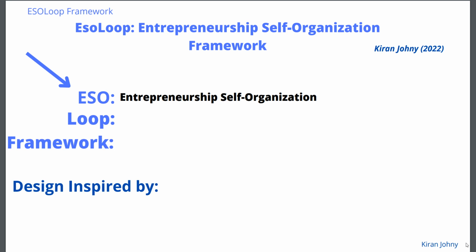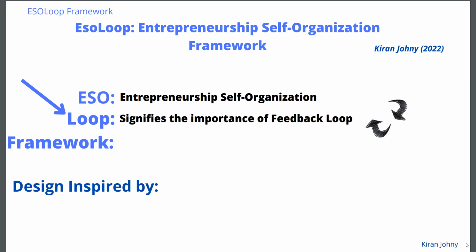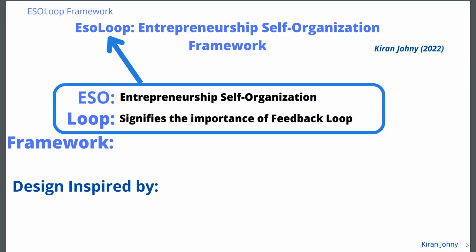Here, the dynamics of entrepreneurship is understood as the dynamics of self-organization itself. Loop signifies the importance of feedback loops, which is a necessary condition for self-organization to take place. Without the closure of loops, we cannot say that a system is self-organizing. So that's where the name Eso-Loop comes from.